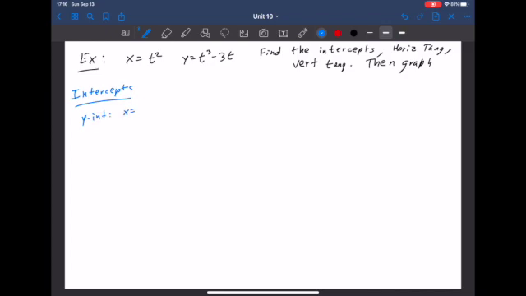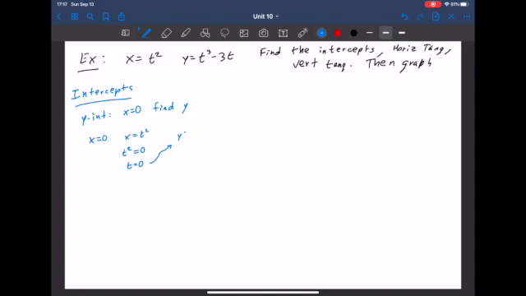Y-intercepts, we want x equals 0, and then find y. Now, usually I would have said solve for y. I almost wrote that here. But in case you're missing it, this is going to be a little more complicated of a process for parametrics. So if x equals 0 and x equals t squared, we're talking about t squared equals 0, which means t equals 0.